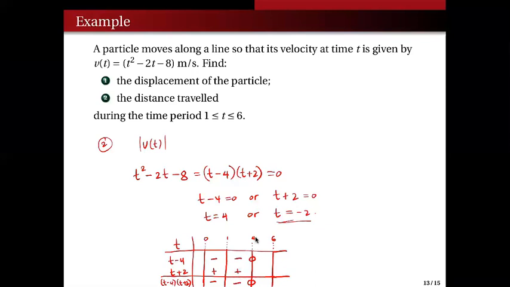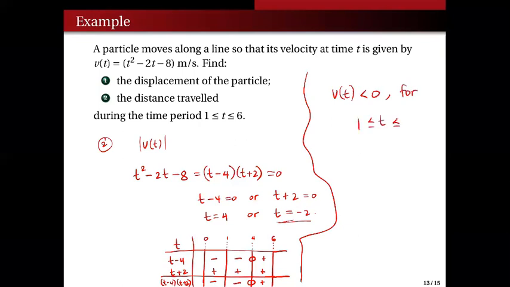Between t equals 4 and t equals 6, your t is now greater than 4, so t minus 4 will be positive, and this will also be positive. So if you multiply these two numbers, you will have positive in here. Okay? So what now? Your v of t is less than 0 for t between 1 and 4.